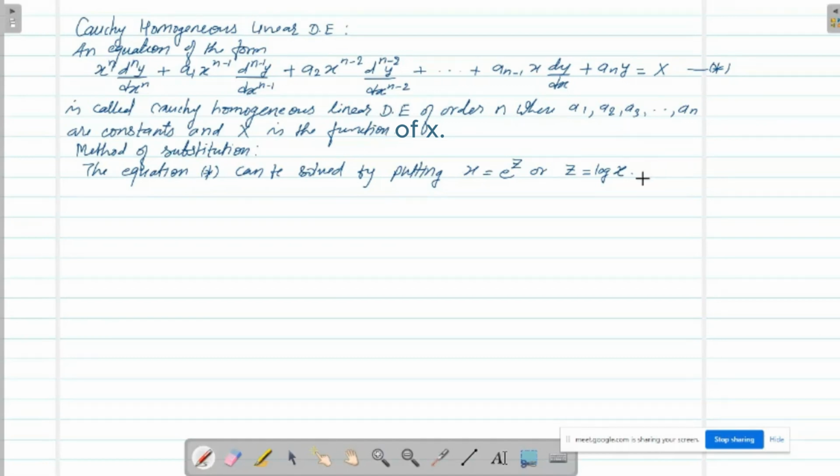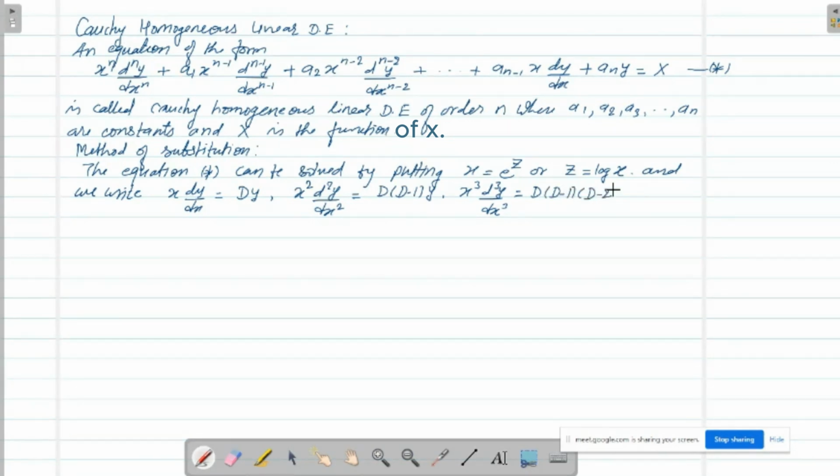Okay, and we write x dy by dx equal to Dy, and x square d square y by dx square equal to D(D minus 1)y, and x cube d cube y by dx cube equal to D(D minus 1)(D minus 2)y, and so on.